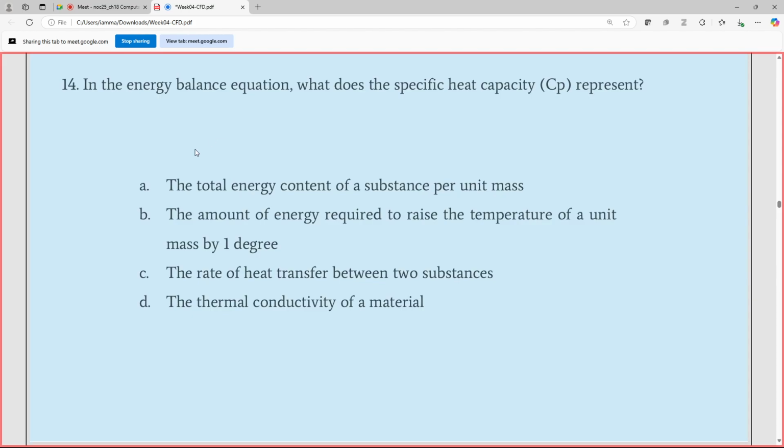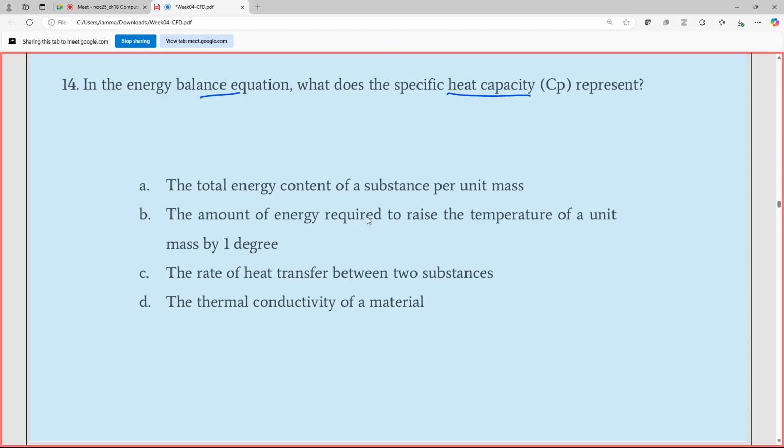Next question. In energy balance equation, what does specific heat capacity CP represent? So it's a general question. Options are: A, total energy content of substance per unit mass.